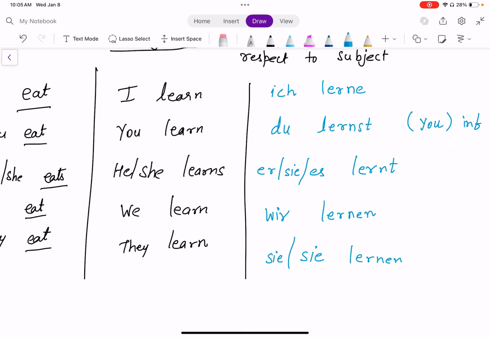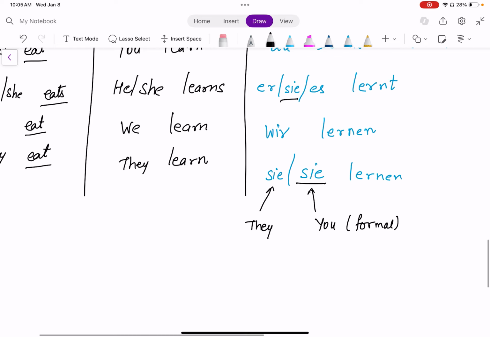So this refers to they. And this capital one refers to you formal. Okay? So do not get confused between this s and this one.